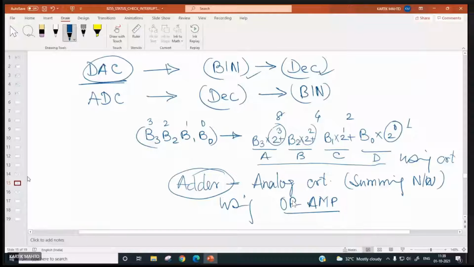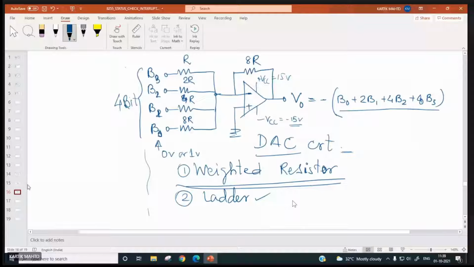Another thing I wanted to tell you is that finding resistances with these values is very difficult. Finding R, then 2R, then 4R, then 8R is very difficult. If you take 1R equal to 1K, then this will be 2K, then 4K, then 8K. You are not going to get this 4K value and 8K value commercially available in the market.